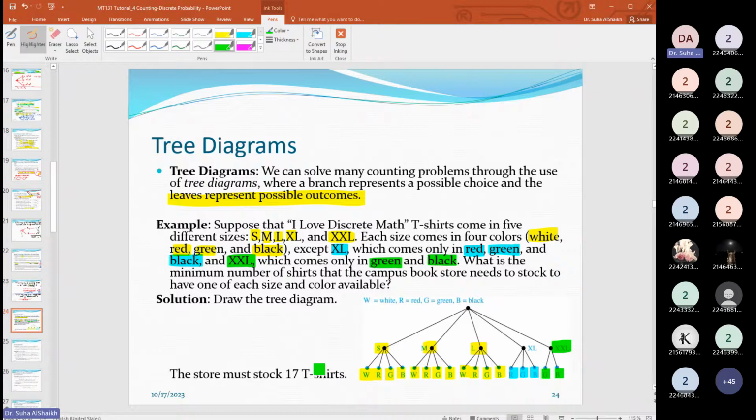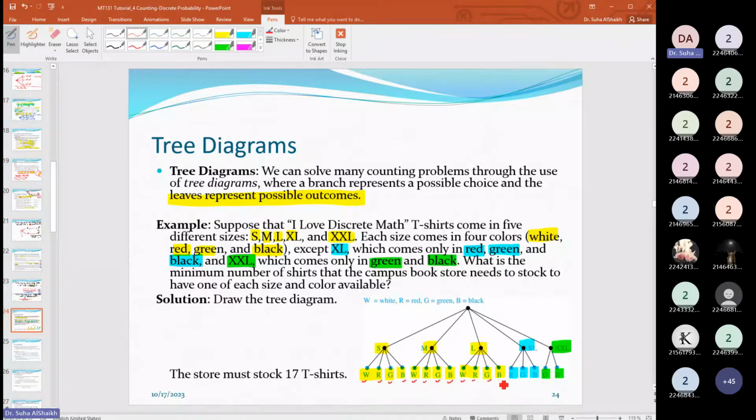See? We used the tree to divide the solution in an organized way and see it clearly. Leaves are the outcomes. So 1, 2, 3, 4, 5, 6, 7, 8, 9, 10, 11, 12, 13, 14, 15, 16, and 17.